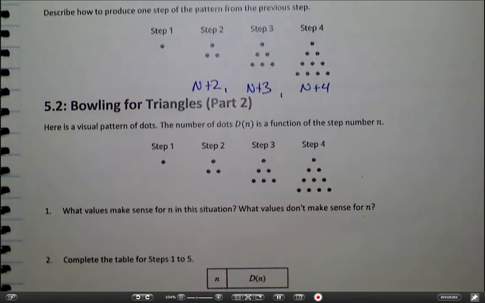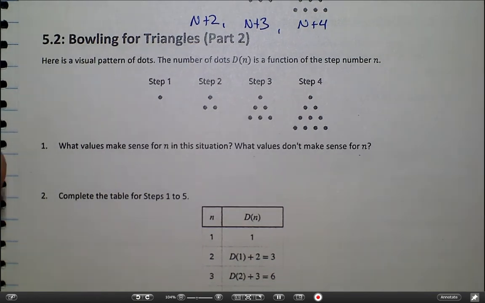Now, this next one says, here's a visual pattern of dots. The number of dots, d of n, is a function of the step number n. The step number n, that means the term number. That means what is it in the sequence? Is it the first term? Is it the third term? Remember we had this question yesterday, where we were referring to a certain term number.